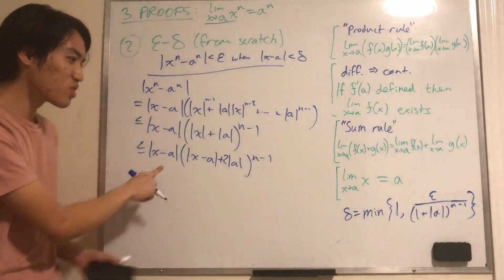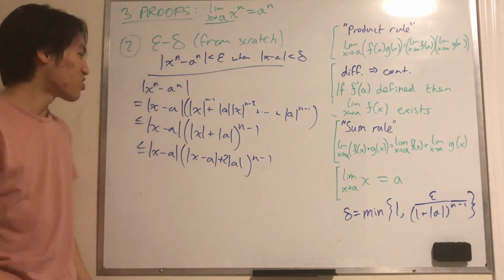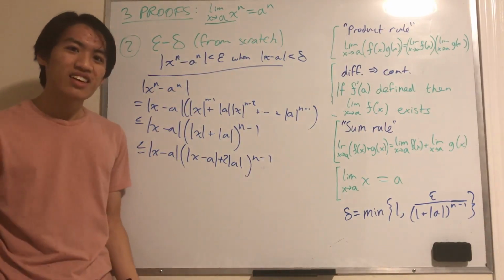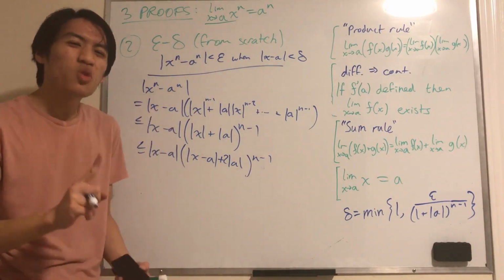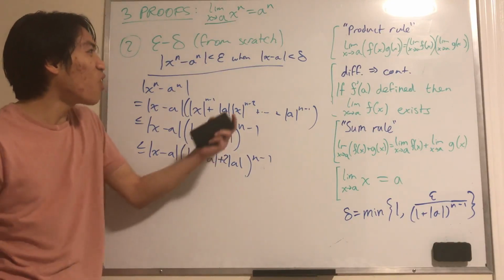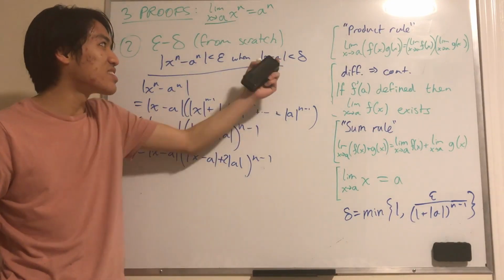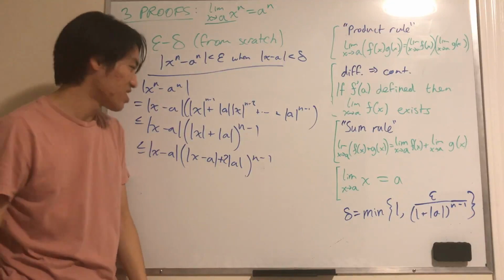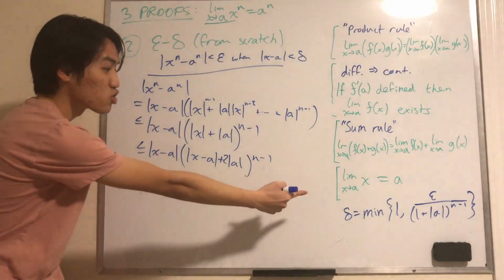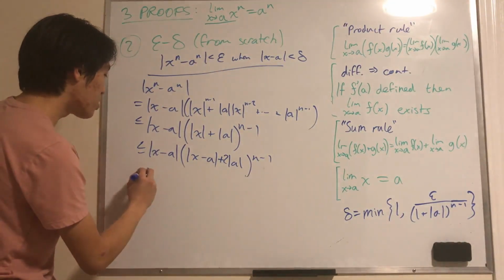Okay, now we can use our choice of delta to advantage. Remember why we force x minus a? It's the one thing we can control when we do epsilon delta. All we can control is the size of x minus a. So, with our choice of delta here, what do I know?